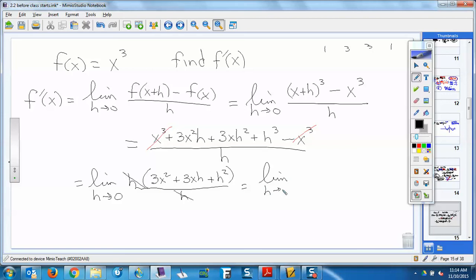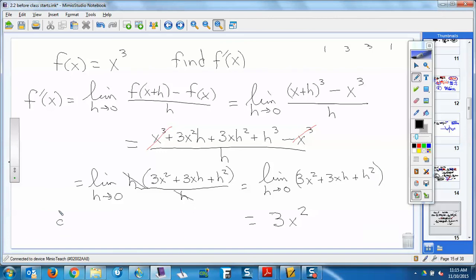You can feel it coming, can't you? Some of you knew it was coming already. The excitement is building. Right? Limit as h goes to 0. So now you can put a 0 in for h. We want to just be 3x squared? Yep, because the other terms will become 0.